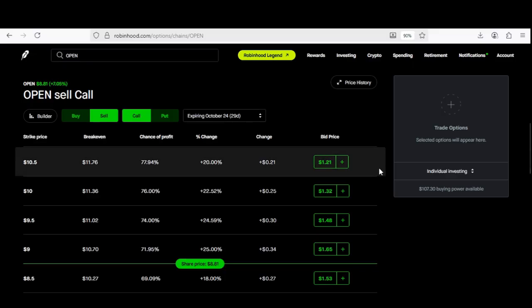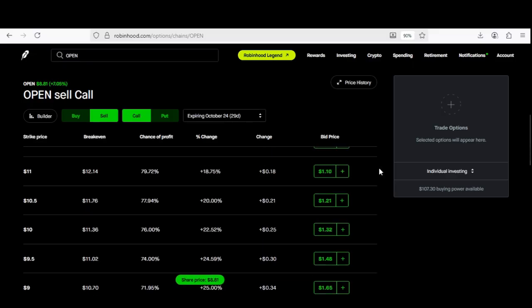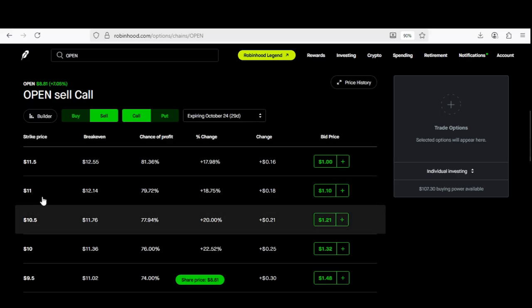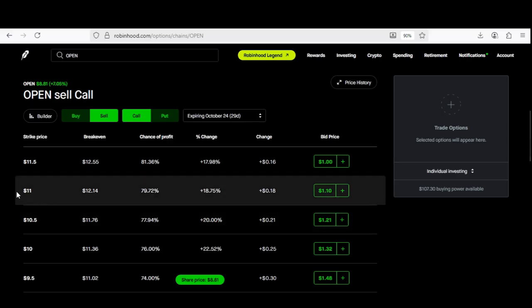The strike price I will be choosing is going to be above the current share price. I'll be going with the price of $11 right here. The reason I'm going with the $11 strike price is twofold. Number one, I have a very high chance of profit of 80%. And also my options premium is going to be $1.10, or in the real world, that's going to be $110.